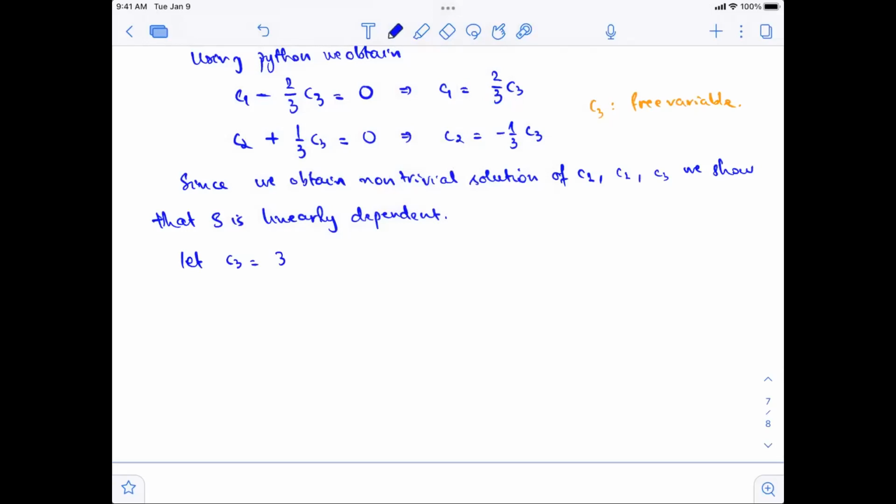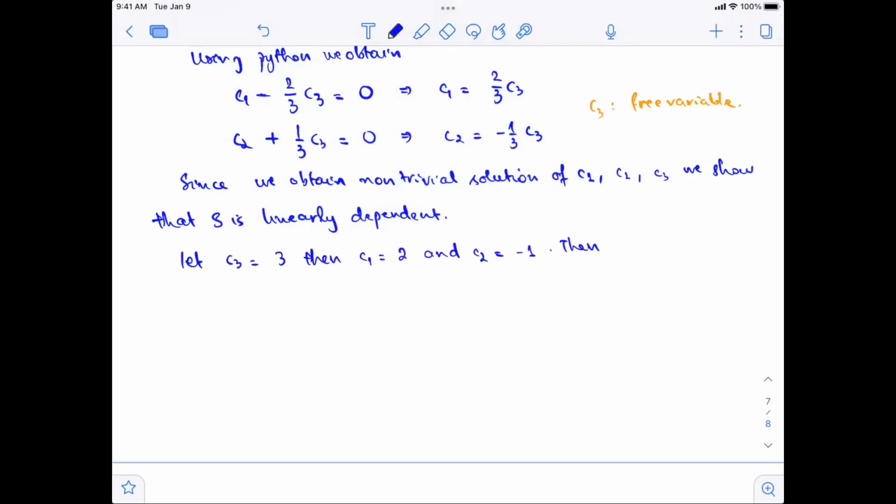But here we want to write one vector as a linear combination of the other two vectors, so we specifically give a value for c3. For convenience of calculations, we let c3 equal to 3. Then c1 is equal to 2 and c2 is equal to -1.